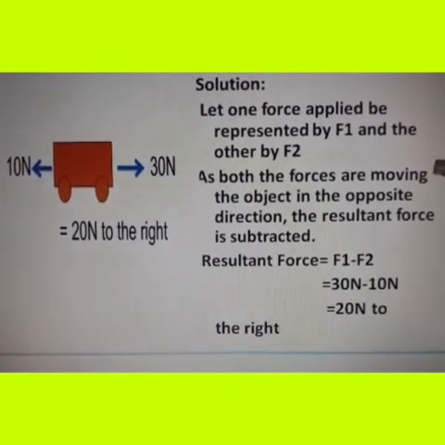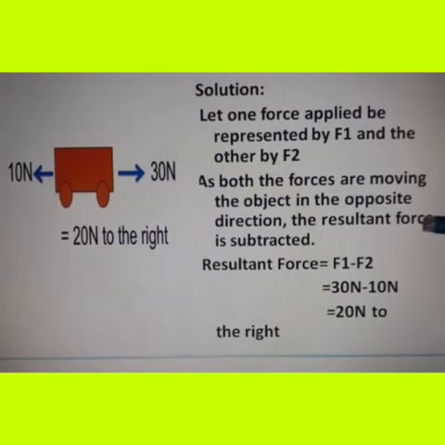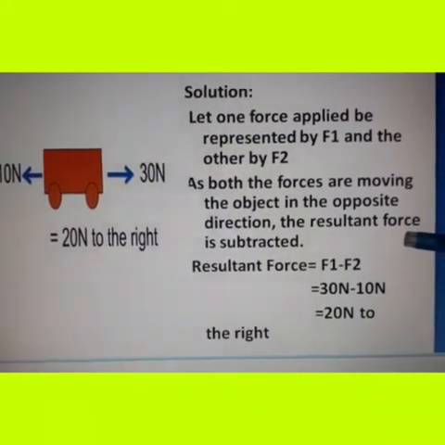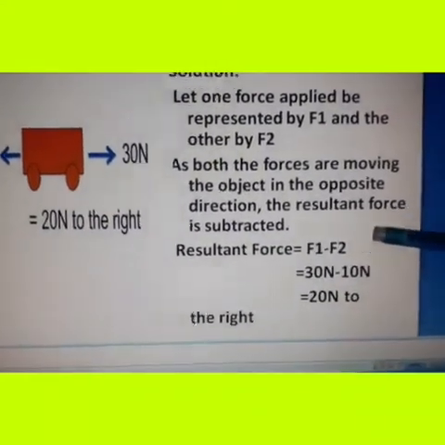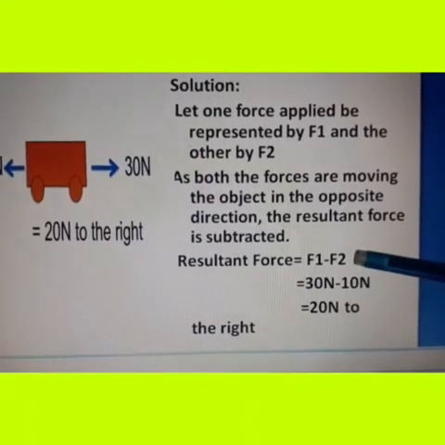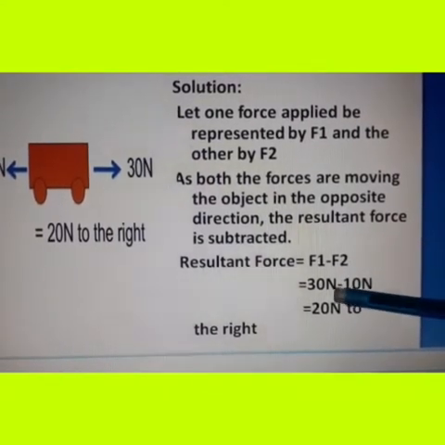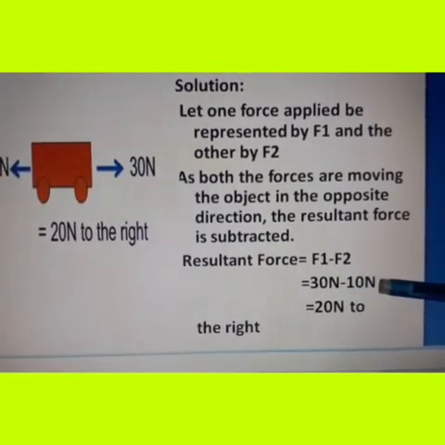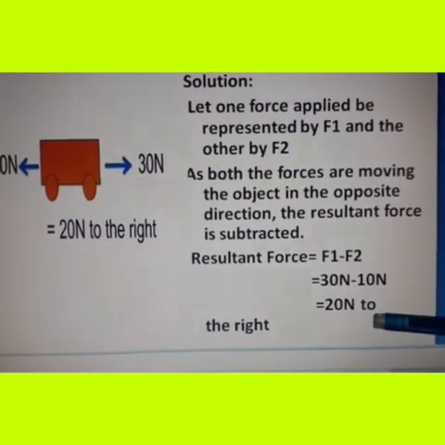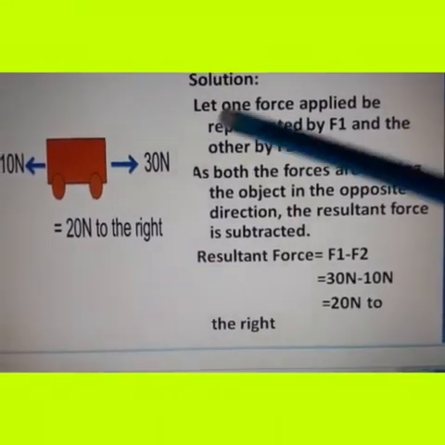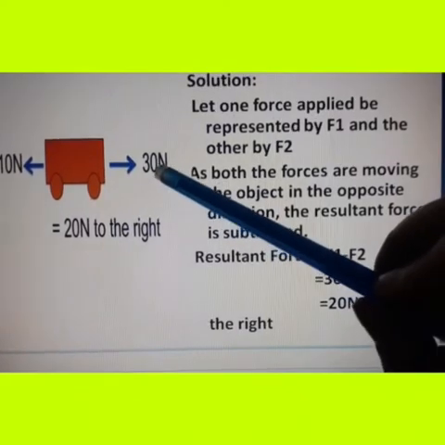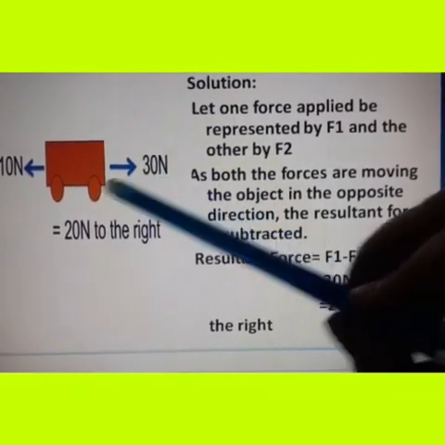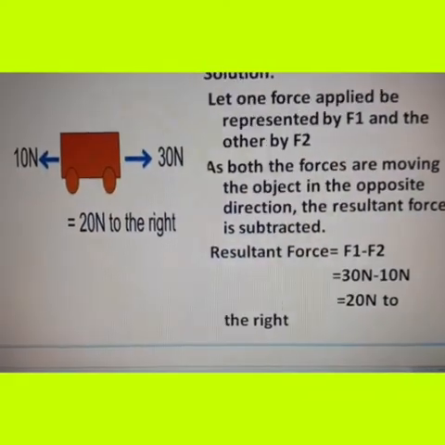As both the forces are moving the object in the opposite direction, the resultant force is subtracted. Resultant force is equal to F1 minus F2. 30 newtons minus 10 newtons is equal to 20 newtons to the right, because the force applied on the right is more than that applied on the left.